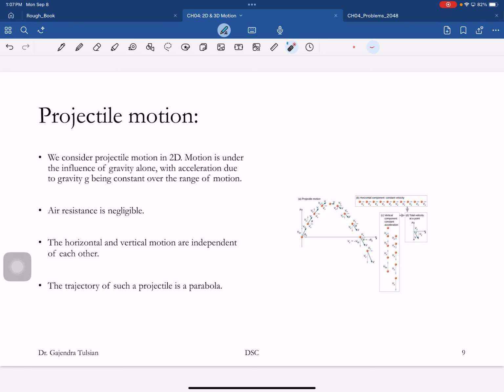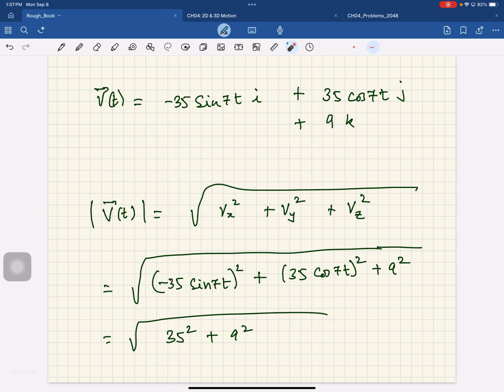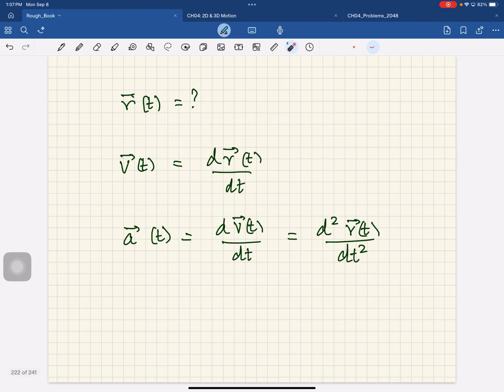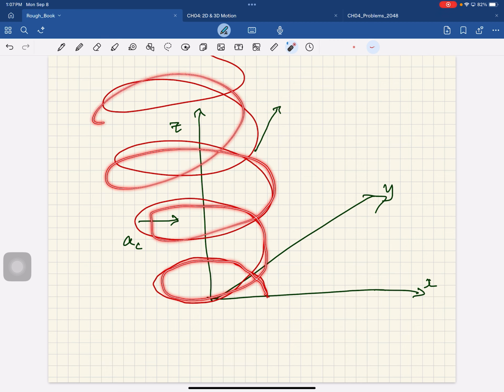All right. Before we go on to the next topic, let me review what we did. What we were interested in was describing a general 3D motion.